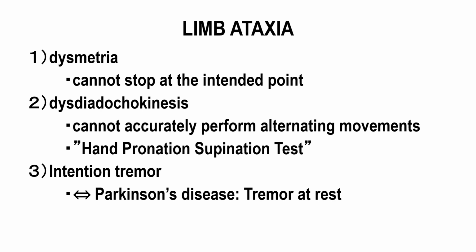Dysdiadochokinesis is a symptom in which one limb or part of the body cannot accurately perform alternating movements, such as pronation and supination. The hand pronation supination test is a method for examining dysdiadochokinesis.